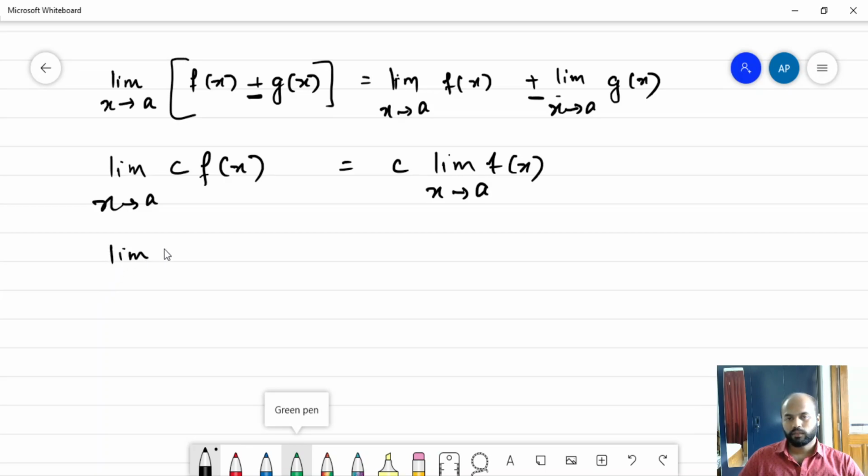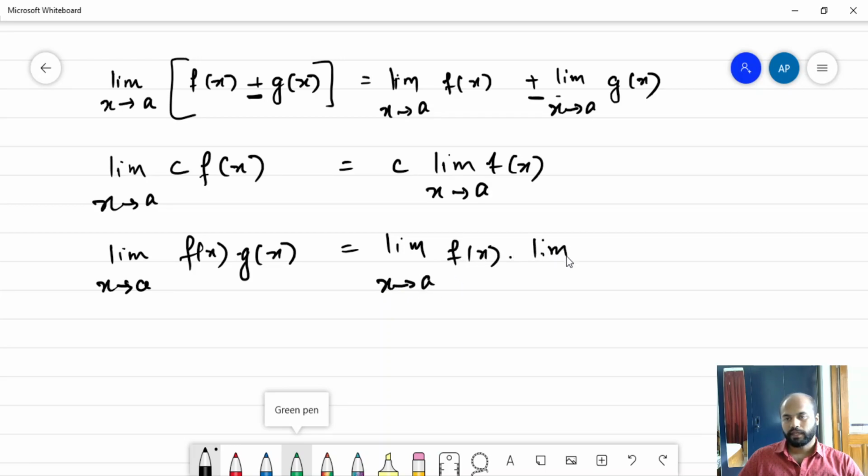Last one is the rule of division and multiplication. So first let us take multiplication. If it was something like this, then we could have written limit x tending to a f of x and limit x tending to a g of x.